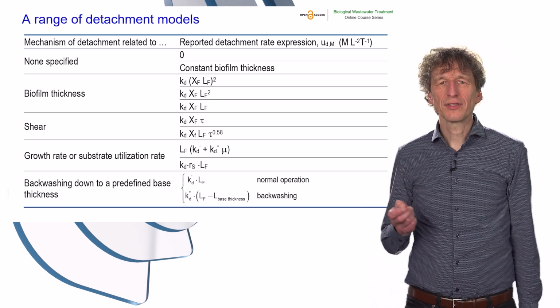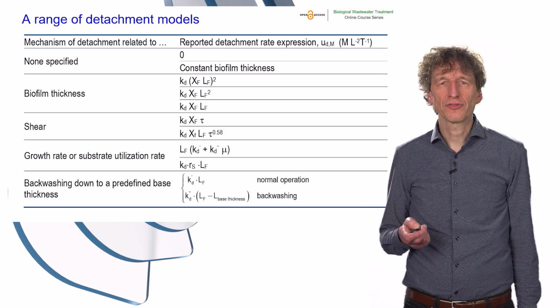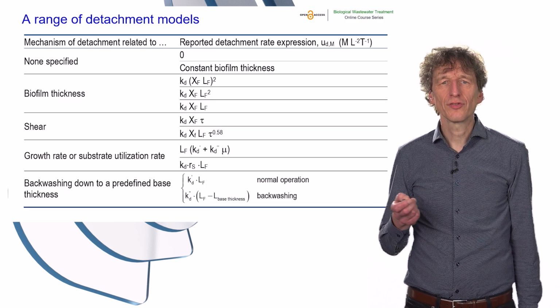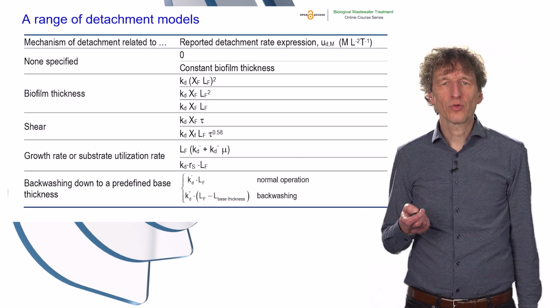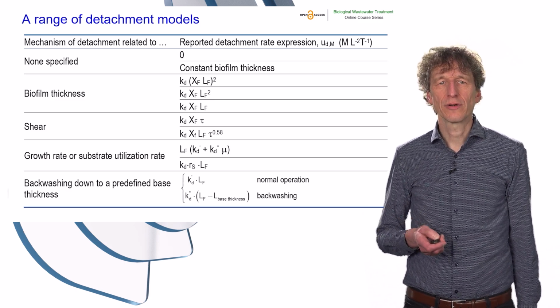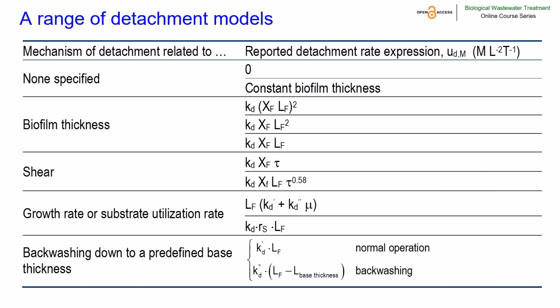There is a diversity of detachment rate equations, and we do not really have a good understanding of what equations to use in what type of reactor, and also not a very good quantitative understanding of rate coefficients. But let us take a look at the benefits of explicitly modeling biofilm detachment. We will do an example assuming the highlighted detachment rate that is proportional to the biofilm thickness LF.